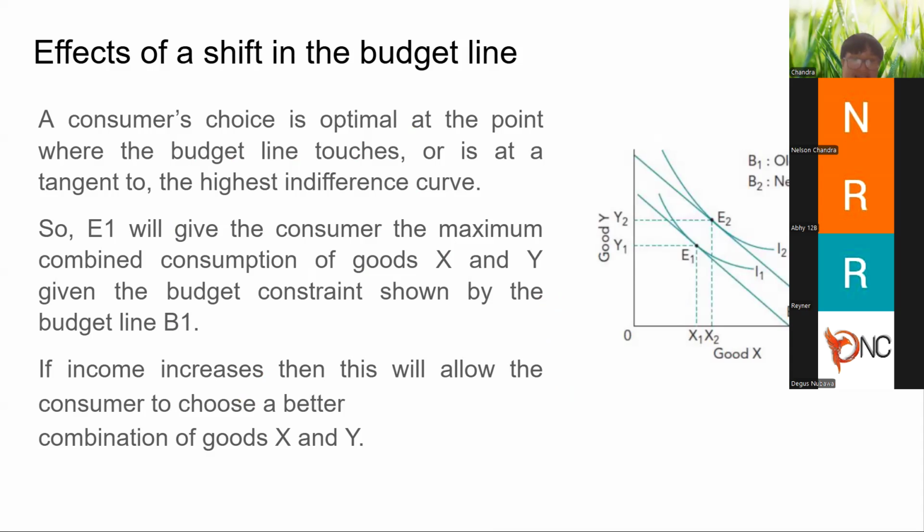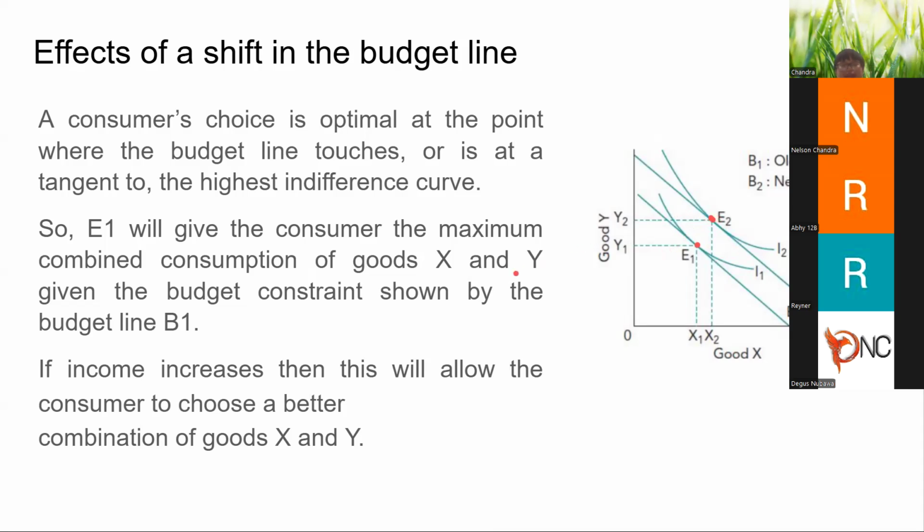Now, we have budget line 1 and indifference curve 1. We have budget line 2 and indifference curve 2. Budget line 1 and indifference curve 1 will meet in the equilibrium point here. Budget line 2 and indifference curve 2 meet at the equilibrium point here.